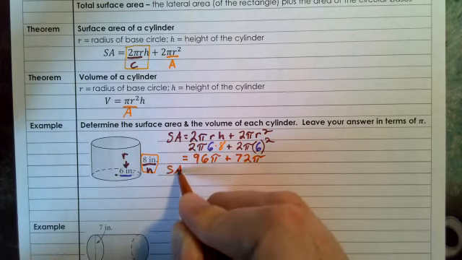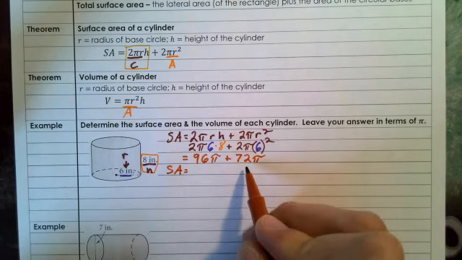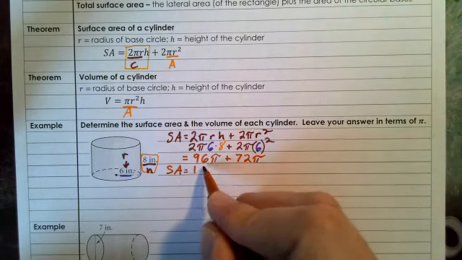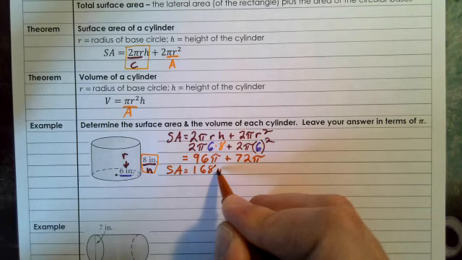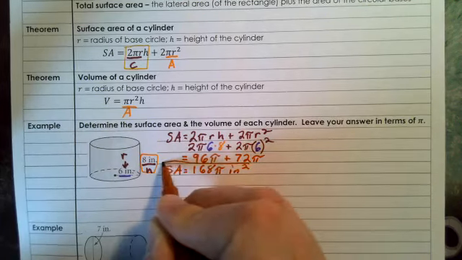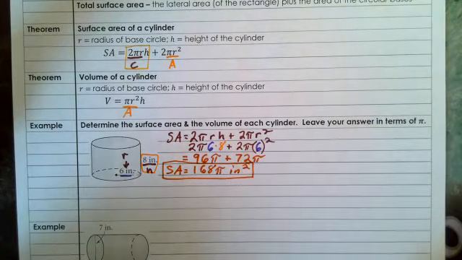So that makes our surface area equal to 96 pi plus 72 pi. That makes 168 pi. And then we're going to put inches squared because our surface area is always going to be in squared units.